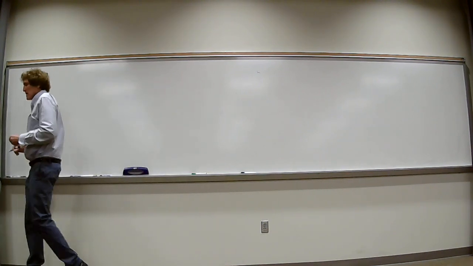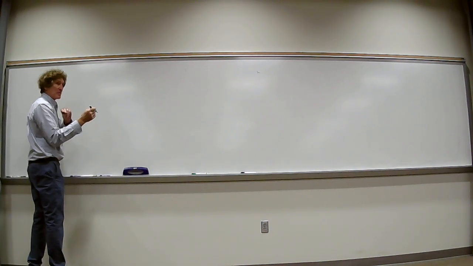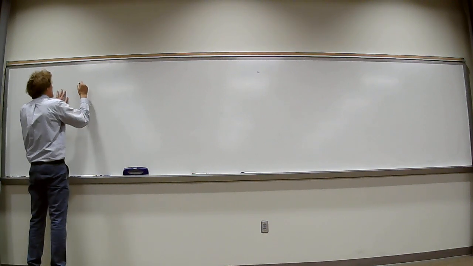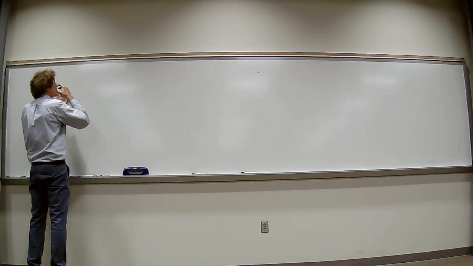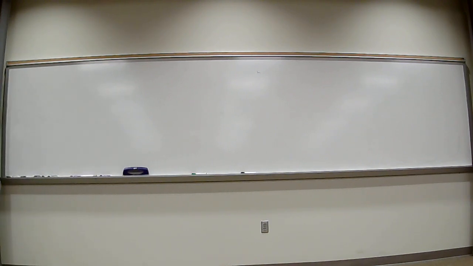So, I'm going to start with the general form of the equations. First, when we look at Maxwell's equations, there's going to be a couple of things that are important. Remember when we had, well, let me back it up for a second. I start writing differential equations and it's driving me nuts.